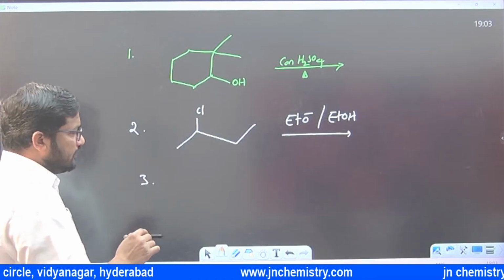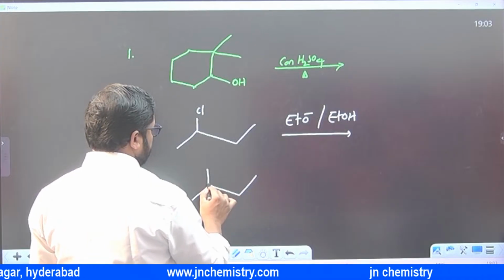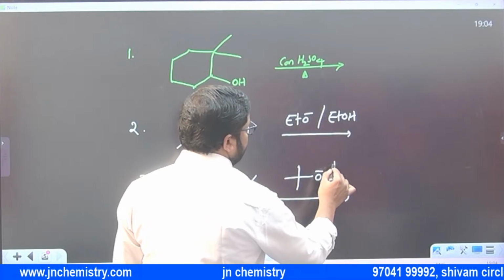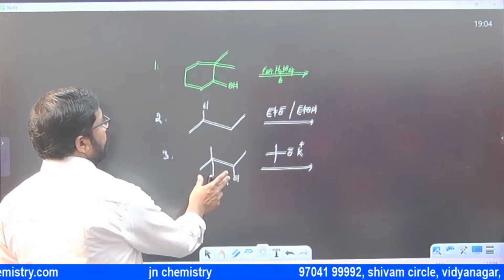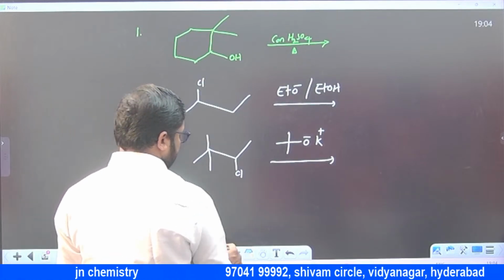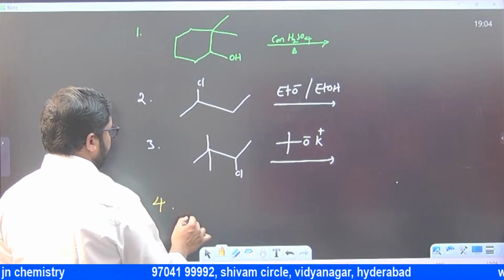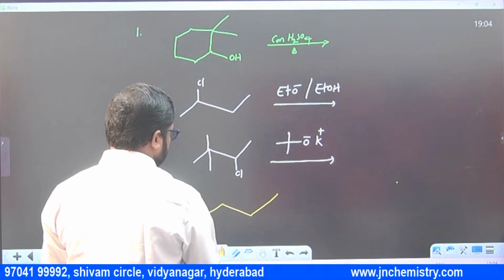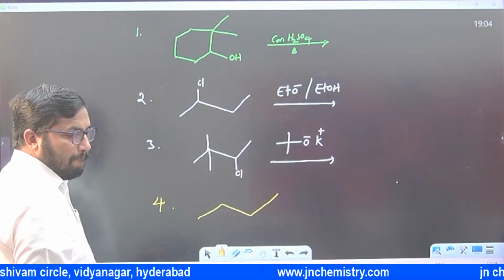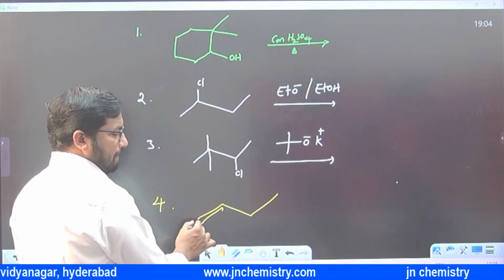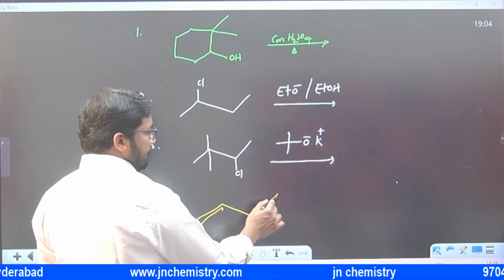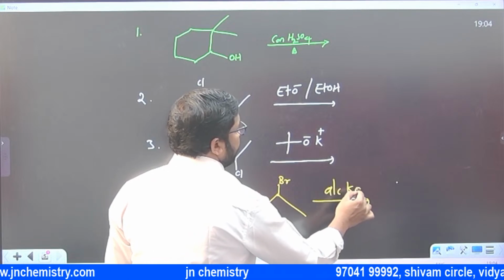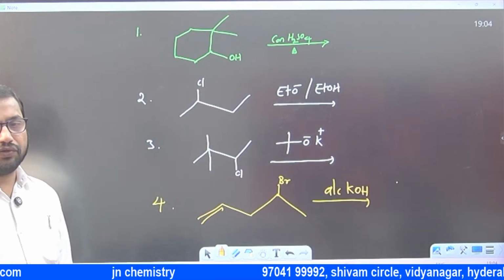Third one, O minus K plus, bulky group. Alcoholic KOH. So different reagents which I gave you right now. So come on, write the products.